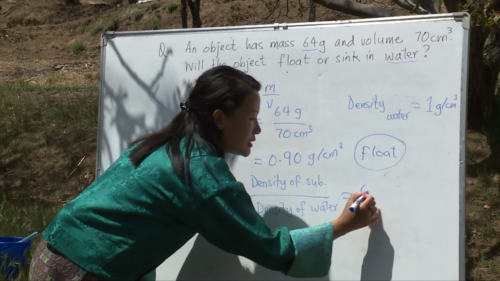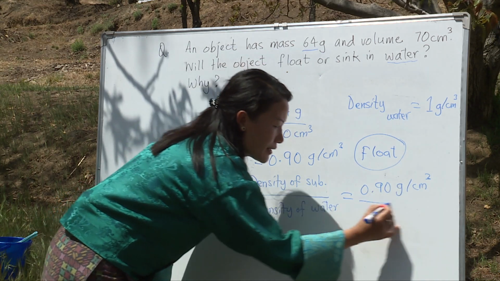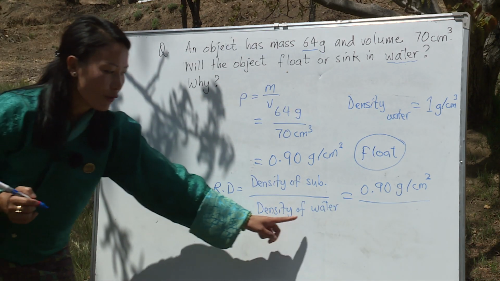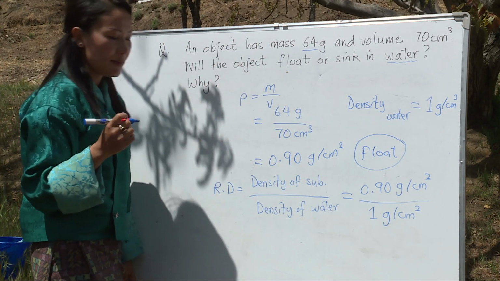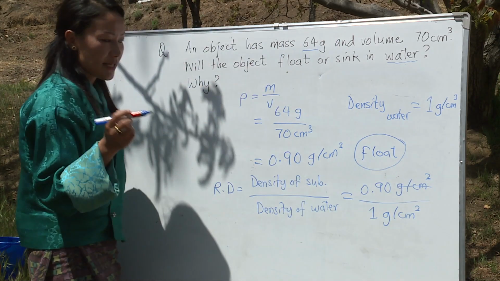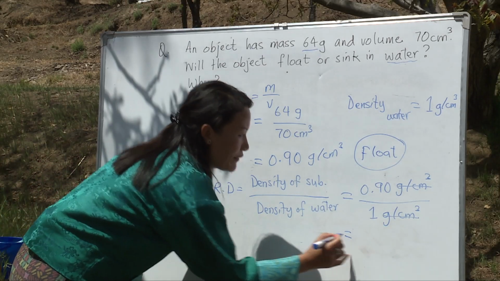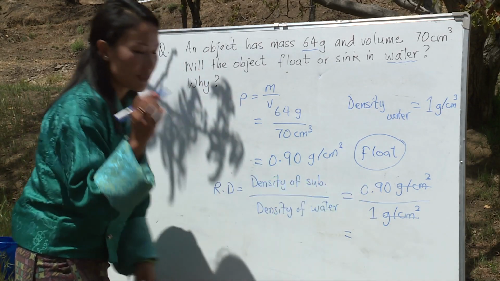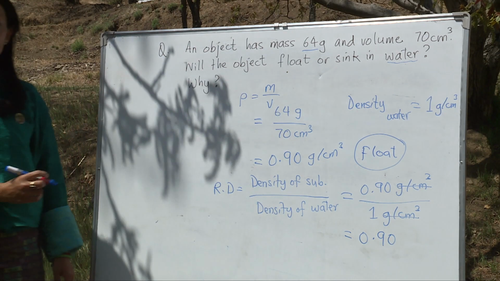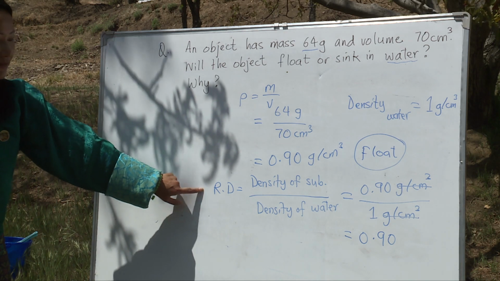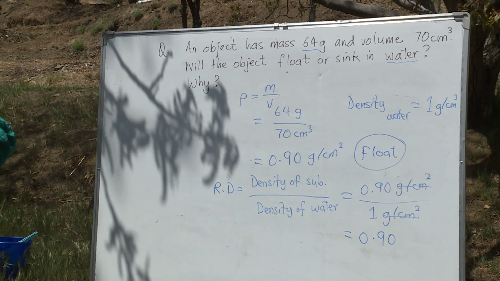So let's write down 0.90 gram per cubic centimeter divided by the density of water, which you know is 1 gram per cubic centimeter. Gram per cubic centimeter and gram per cubic centimeter cancel. Now you have here 0.90 divided by 1, which is equal to 0.90. See, does relative density have a unit? No, relative density does not have a unit.